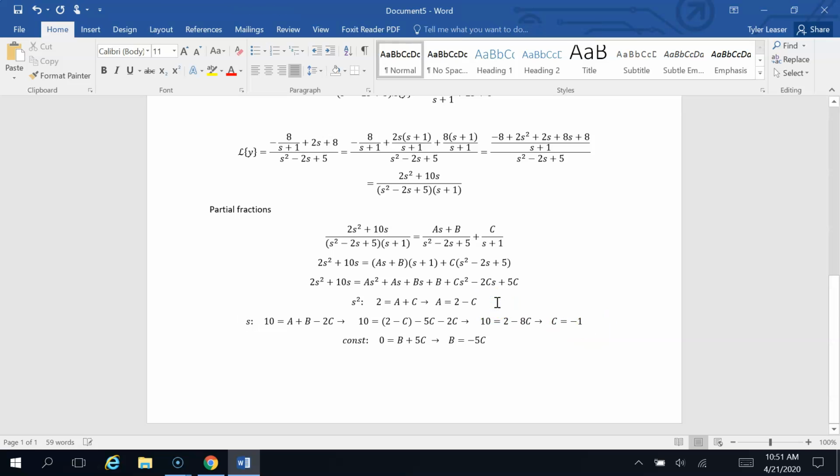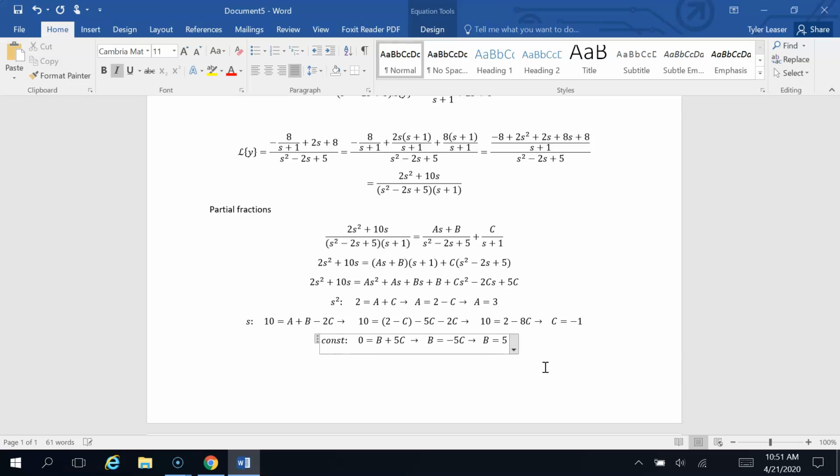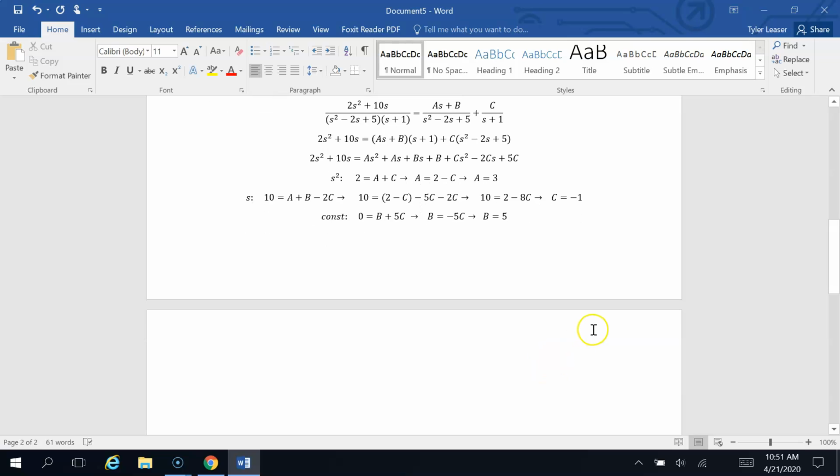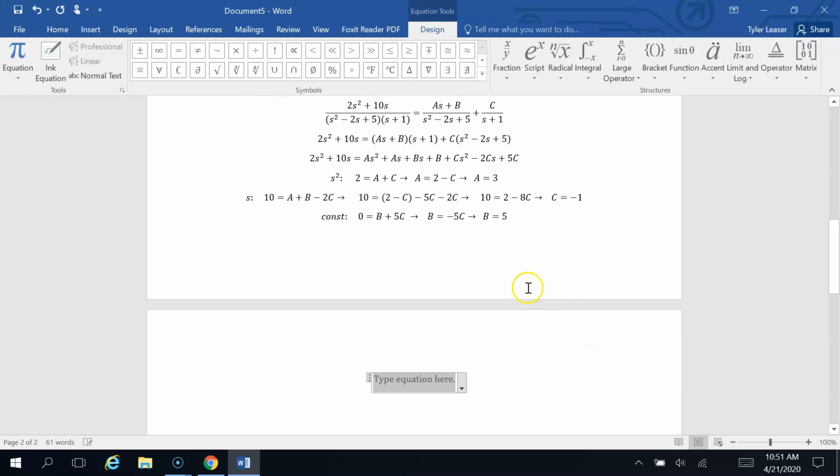And then if c is negative 1, that tells me what my a is equal to. My a is going to be 2 plus 1, so my a is 3. And then down here, if c is negative 1, that says that my b has to be positive 5. Alright, so then plugging all of that into the Laplace equation we had up top, right?